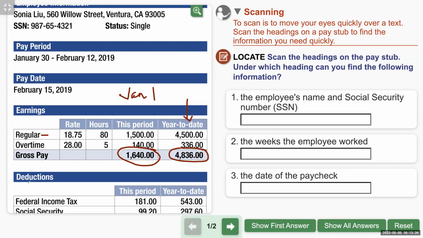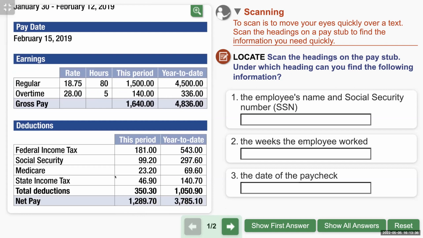So now let's look at the deductions. And remember, we said deductions are the money that is taken away by federal taxes, Social Security, Medicare, state income tax, and then here it tells us everything. So remember how we saw 1,640?